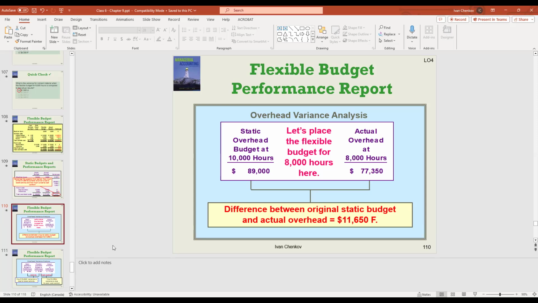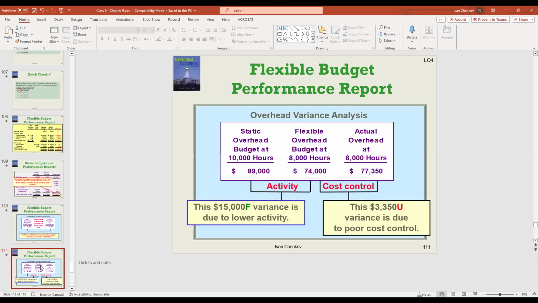Nothing more, nothing less. Flexible budget, we're going to use it for control purposes. So we're going to adjust the static budget to the level of activity of the actual results. We're going to run the new numbers using the same assumptions that we used to prepare our static budget. And then we compare the results, and that's what we're going to use for control purposes.